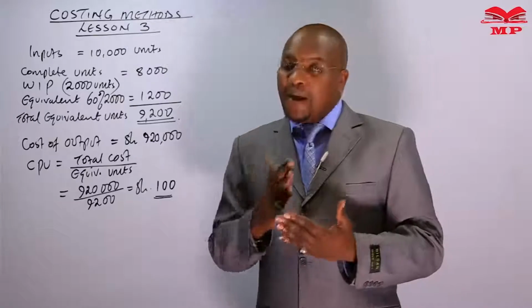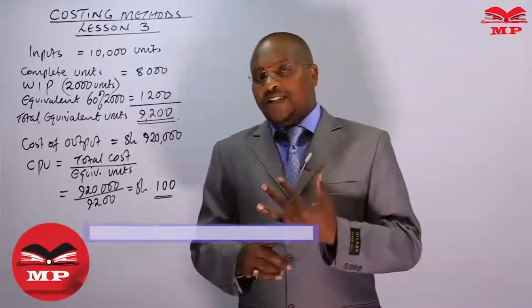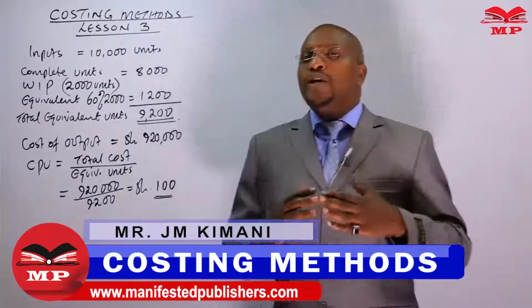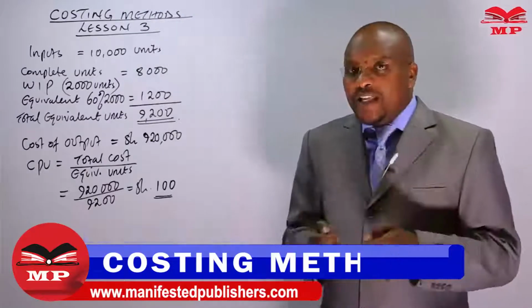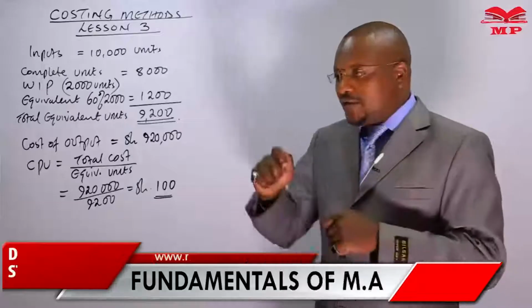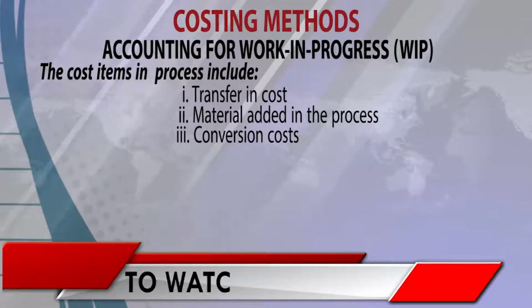But for simplicity, we normally presume that the conversion cost, the labor and overheads, are incurred uniformly. So if we complete a product at 60%, then we will say that we have only used 60% labor on that product, and 60% of the expenses or the overheads on that product. That is how we normally assume.